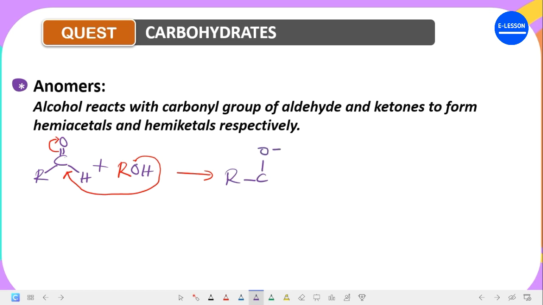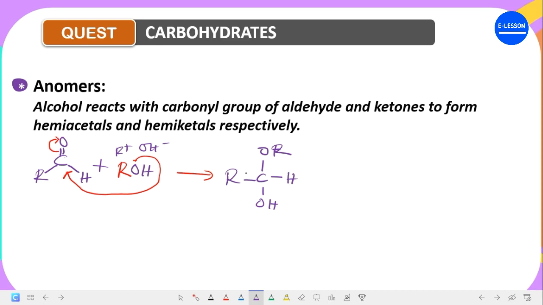Now, what happened? You actually attach this one with OH. And then at the end of the day, here is going to give us H. And then this O here will become positively charged, because it came from OH, meaning O positive and OH minus. So this positive charge now will attach here to form something like this. Now you don't really need to memorize how they got this.